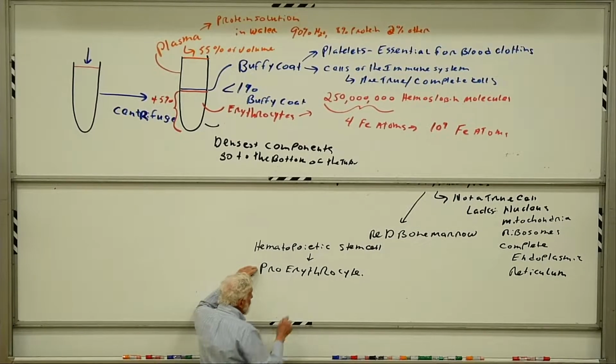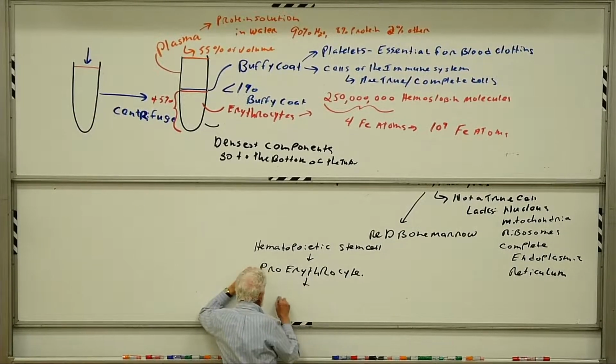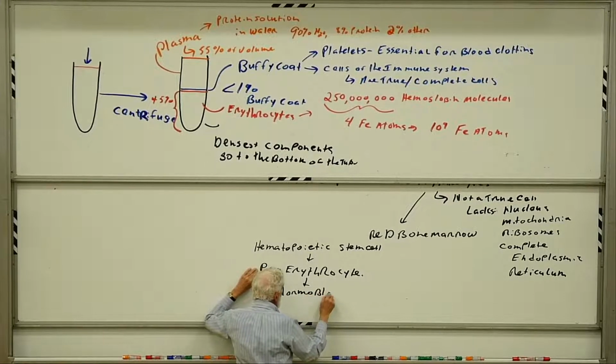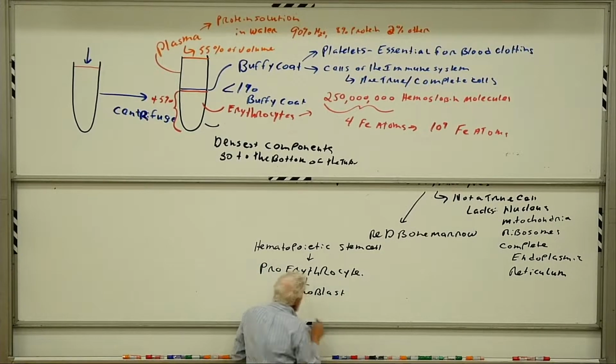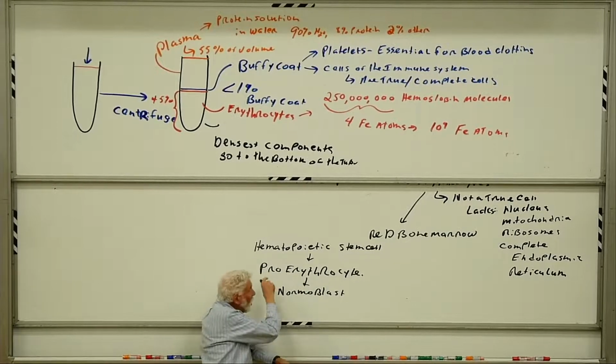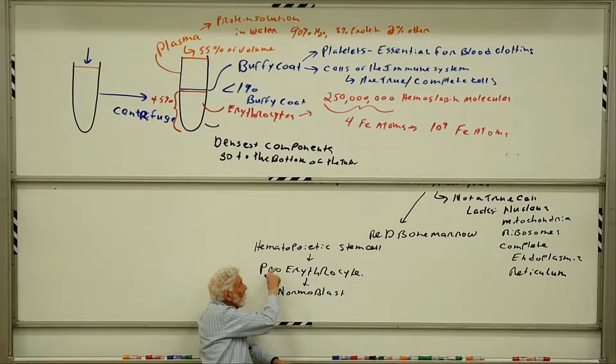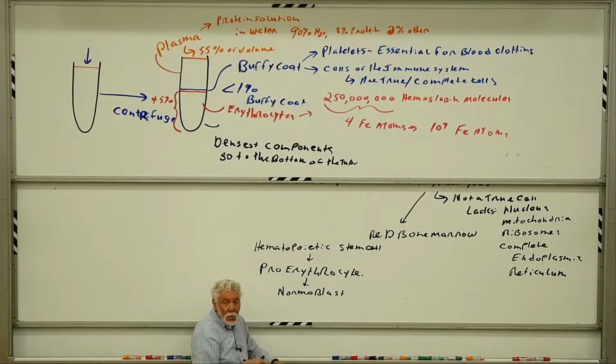The pro-erythrocyte then gives rise to something called a normoblast. Now, if you look up on Wikipedia or someplace and you look up the development of erythrocytes, you're going to see many, many more steps in here. There are lots and lots of steps which have been, over the years, categorized by the change in different staining techniques.